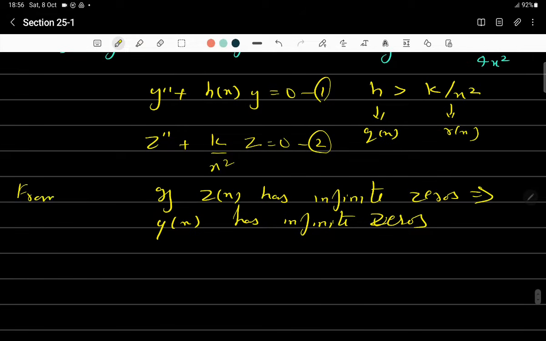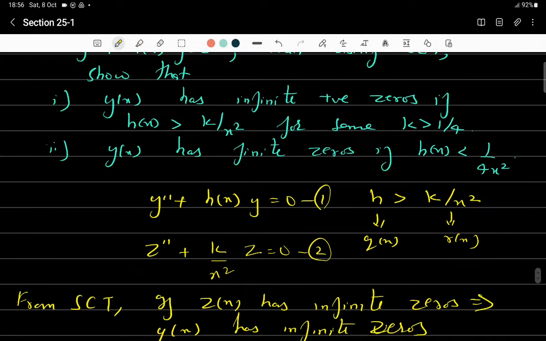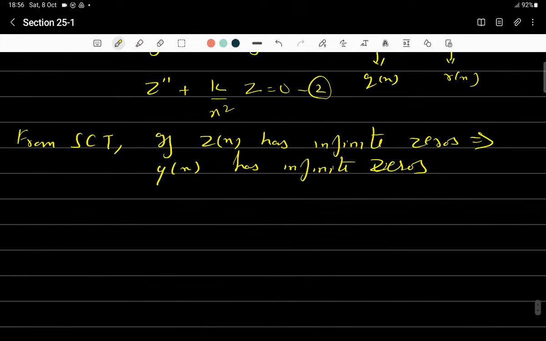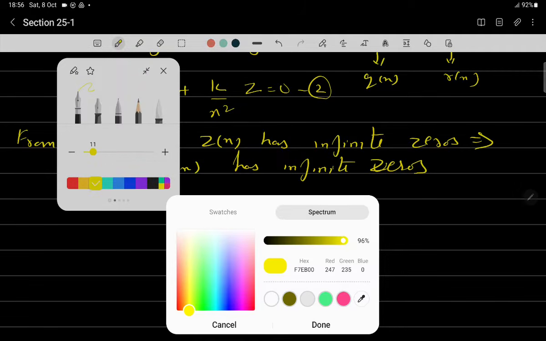So I need to find the zeros of equation 2, how many zeros it has, under the condition k greater than 1/4. So first see how we find the zeros.